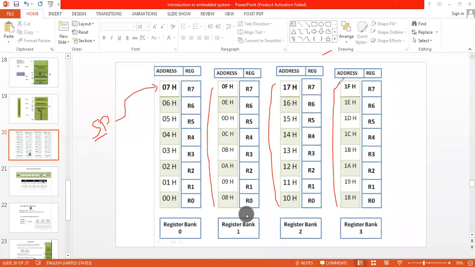So whenever I am executing a program, whatever the register values are there, I want to save those values somewhere for some time. For some time purpose, I want to store the value of some registers in some memory location. That is why that memory location is called stack memory, and that memory is identified by the stack pointer register.